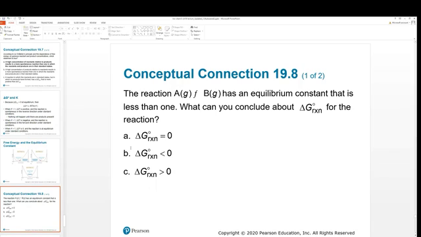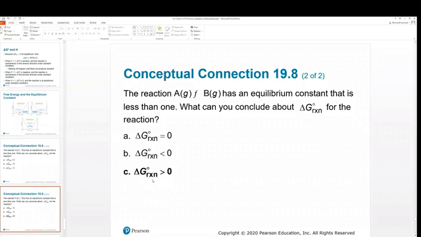Right? And even when it starts, it's not going to want to go forward that much. So the answer there, delta G of the reaction would be greater than 0, would be positive, because in the forward direction, it's not spontaneous. So that's that. In the reverse reaction, it is spontaneous because K is less than 1.